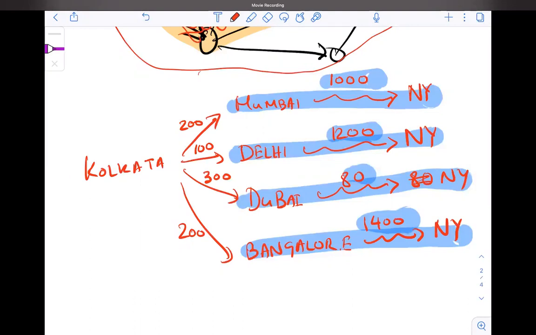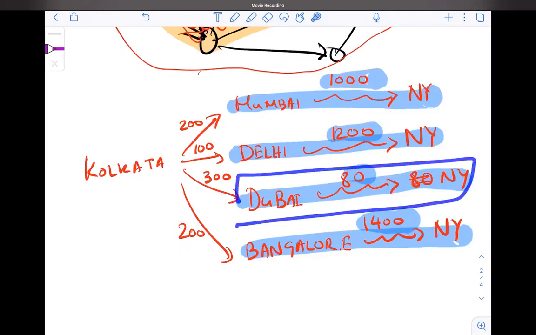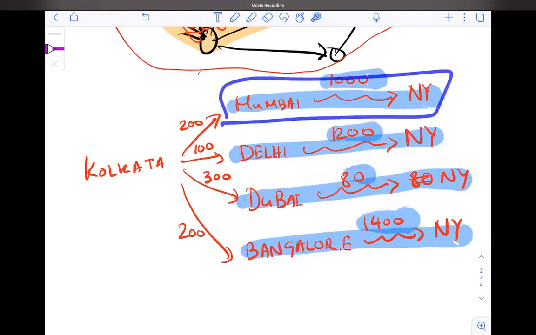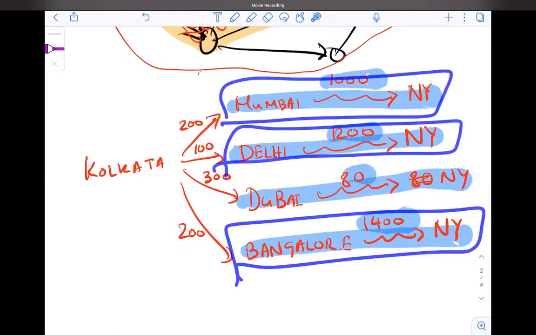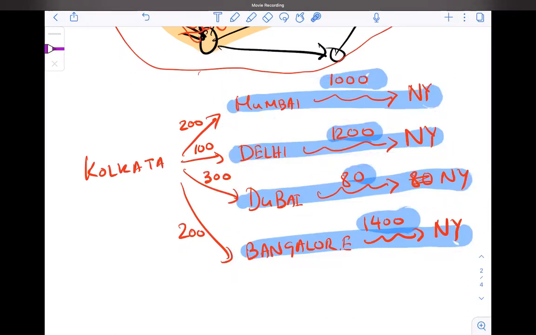So Dubai to New York is being solved by Dubai to New York once, by Mumbai to New York, by Delhi to New York, by Bangalore to New York. So the same computation is being done by 4 different people independently. So it's a lot of wastage that's happening.